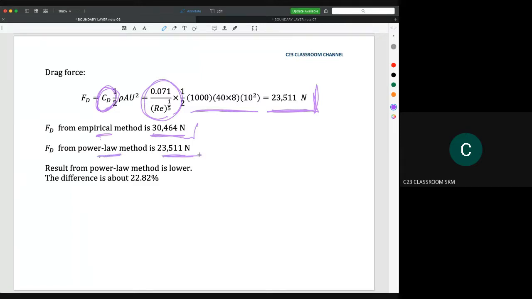If we calculate the percentage, we found it shows a huge difference. The difference is almost 22.8%.